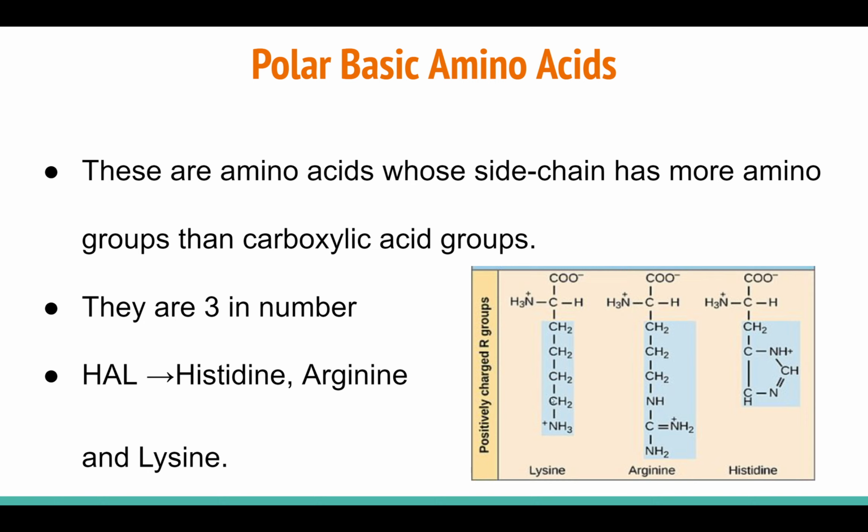These are the side chains that have been highlighted. On this side chain for lysine, you see that it has one amino group and zero carboxylic acid group. This one has two amino groups and this one has one amino group. And the net charge on the basic amino acids is positive.